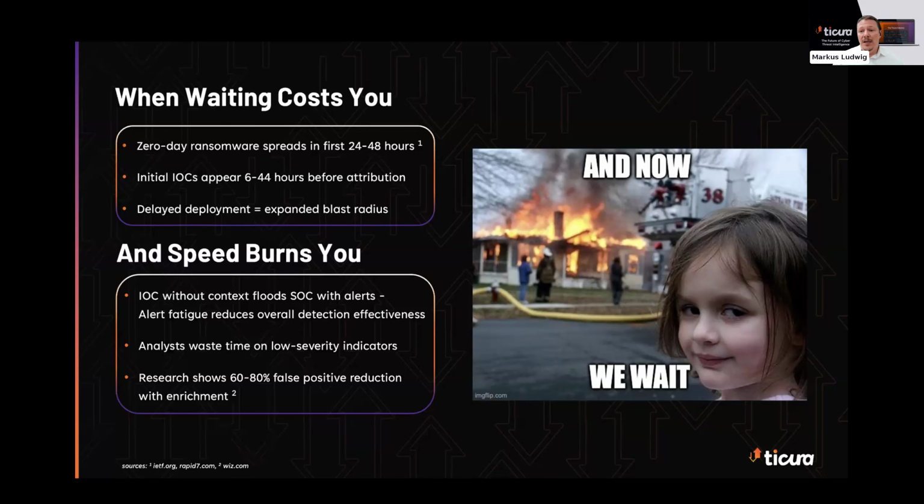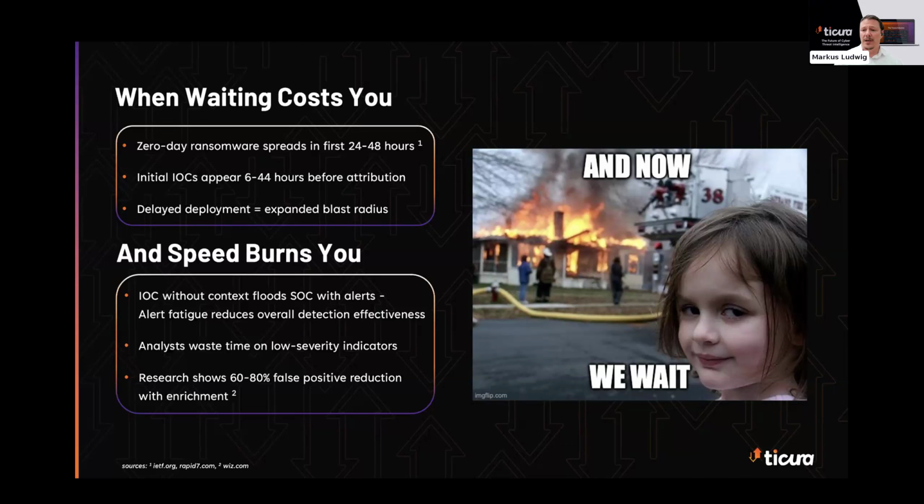On the other hand, we have the false positive reduction problem. If I have IOCs and use them without any information, it often means I end up with a lot of low severity alerts.